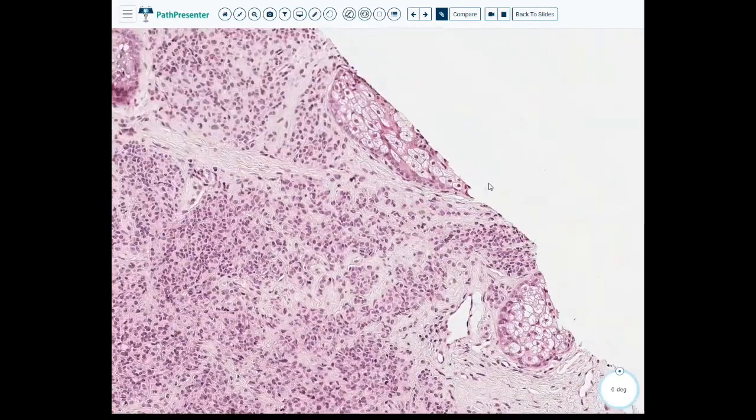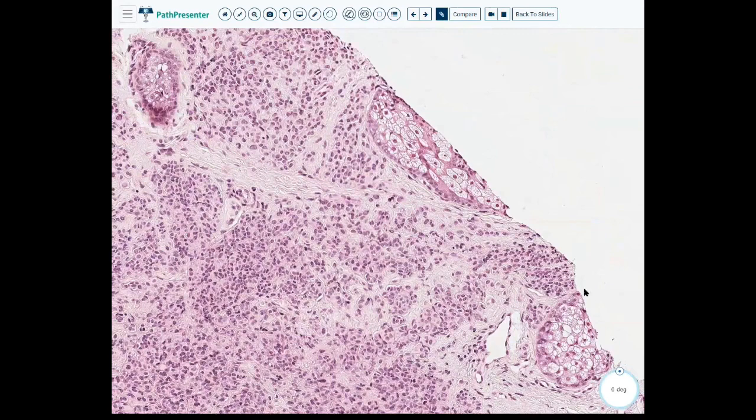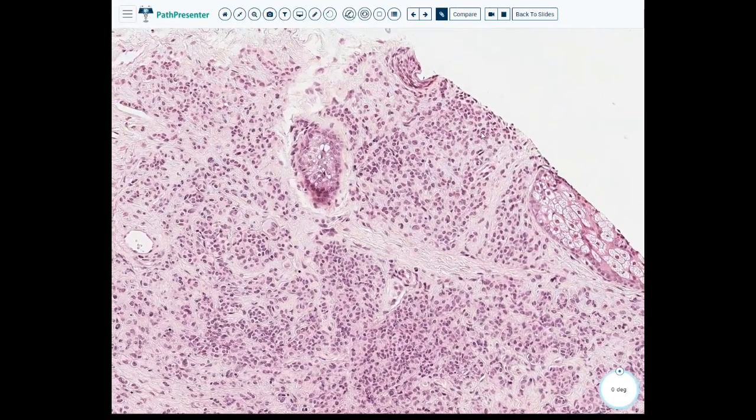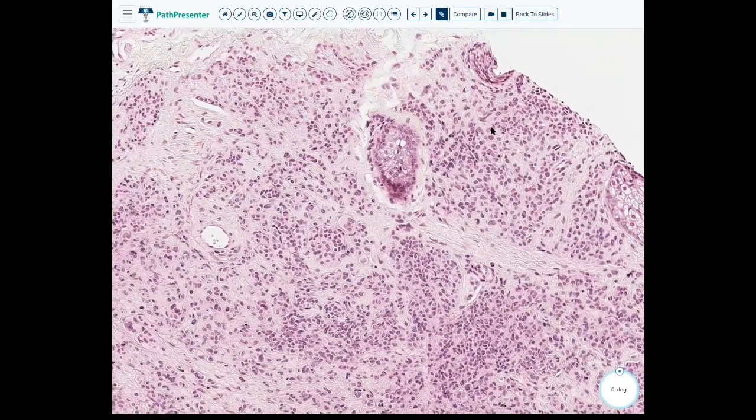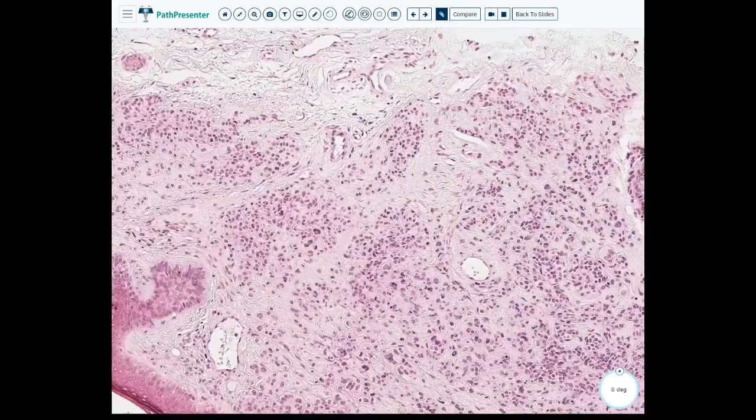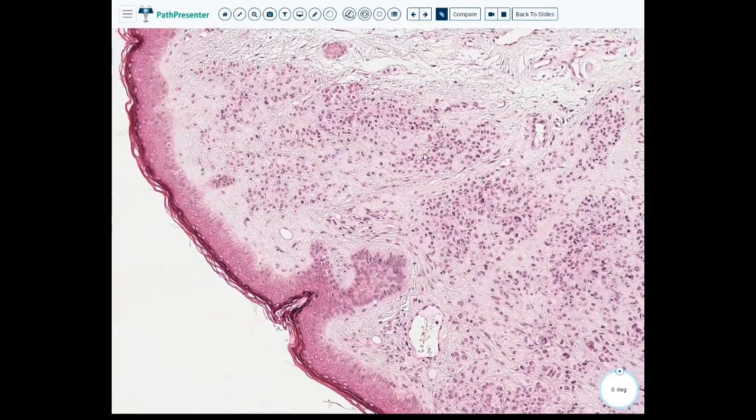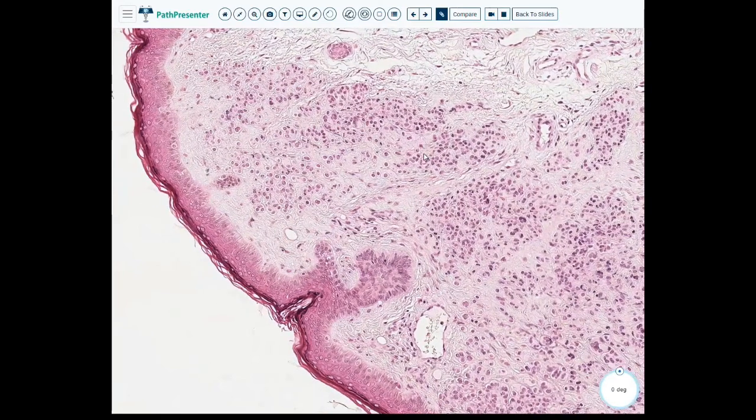Maybe this is suggestive that it would come underneath here, but we can't see that. So we're just going to comment on what we can see, and all these melanocytes within the dermis without any epidermal component. So this is, at this point, an acquired nevus, dermal type, or dermal nevus.